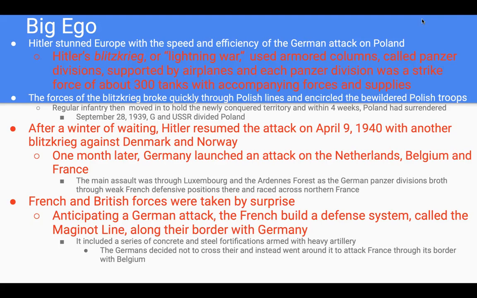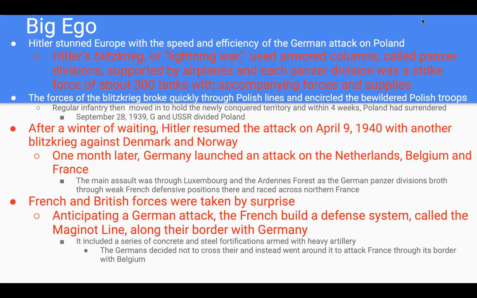If you don't know, Denmark is to the north of Germany. 1 month later, Germany will launch another attack on Netherlands, Belgium, and France. The main assault was through Luxembourg and the Ardennes Forest, as the German panzer divisions broke through weak French defensive positions there and raced across northern France.